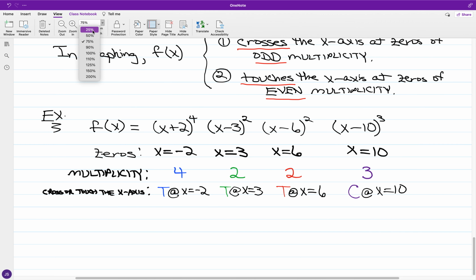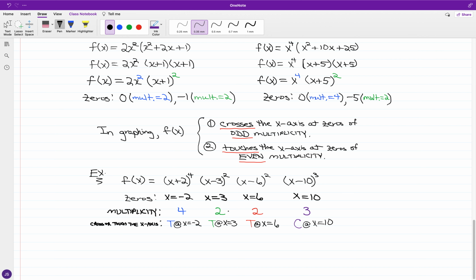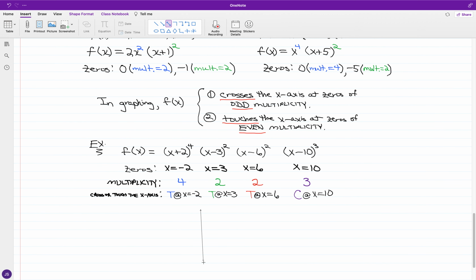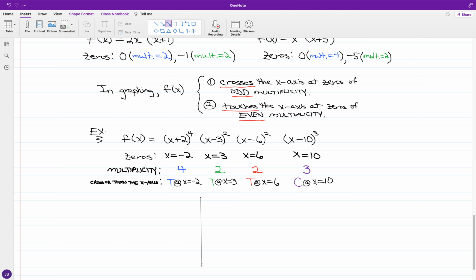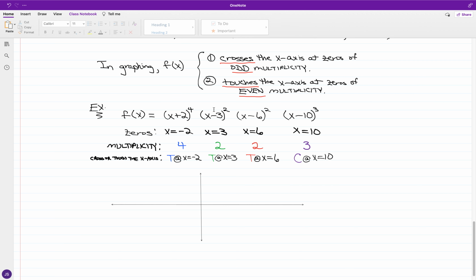So in the makeup of things, this is what we got: 4 distinct zeros, 3 with an even multiplicity, 1 with an odd valued multiplicity, and just looking at the behavior of the graph of this function. And we'll throw in some more details in a moment. But you got your zeros.